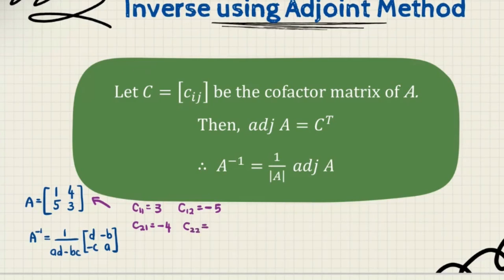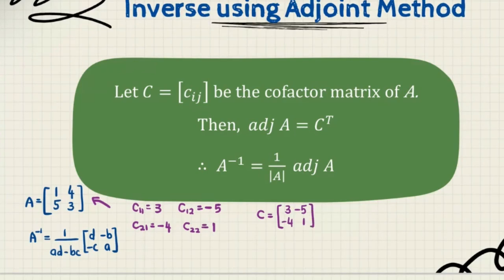So C22, 2 tambah 2 dapat even number. So even number dia akan jadi positif. So now kita tutup second row, second column, kamu dapat 1. Okay. So cofactor matrix kepada matrix A ini adalah 3, negatif 5, negatif 4, 1.